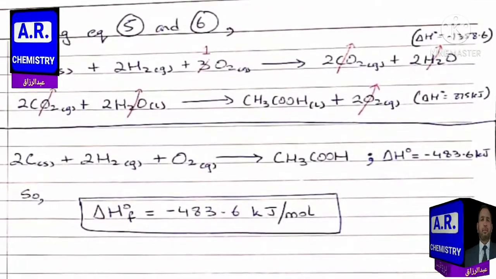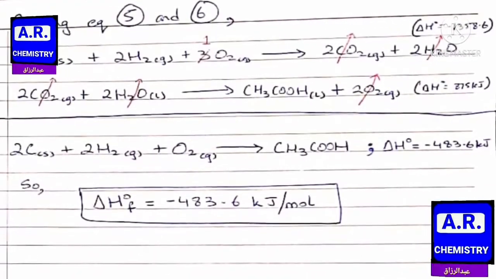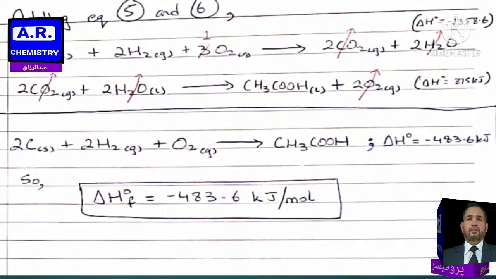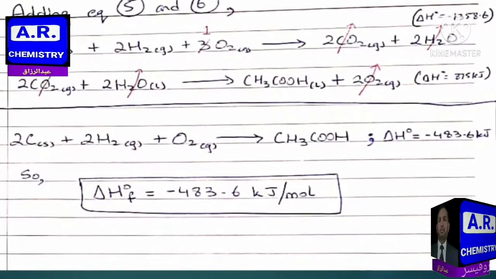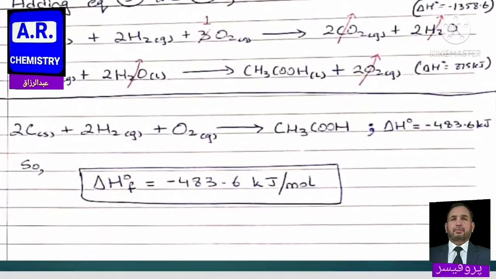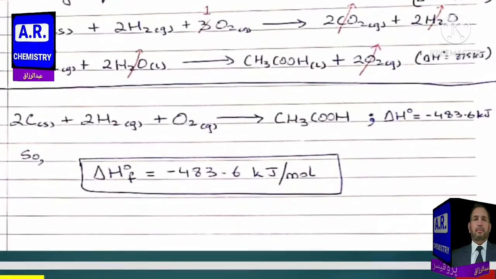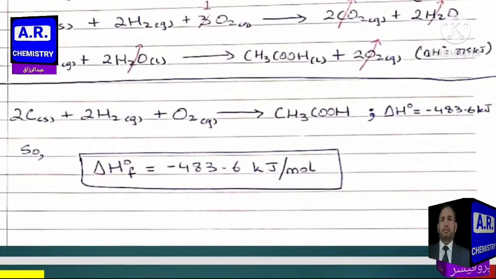483.6 kilojoules per mole. When you add equation 5a and 6, you find that carbon dioxide and water are on the product side in one equation, and in the other equation they are on the reactant side. They are equal in number, so they cancel out, and in this way, after manipulating, you can get your desired equation.